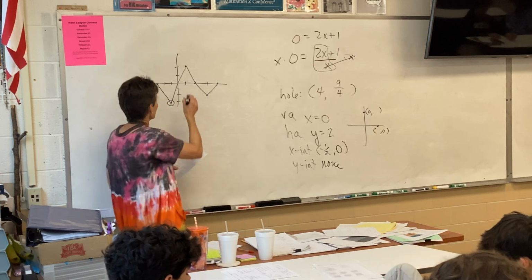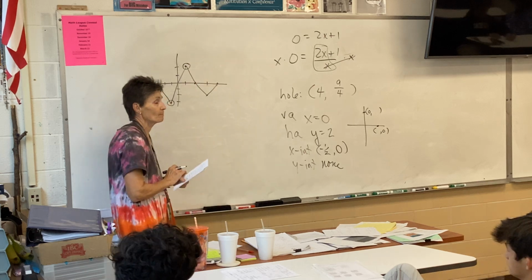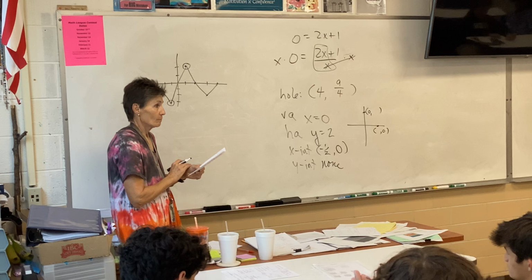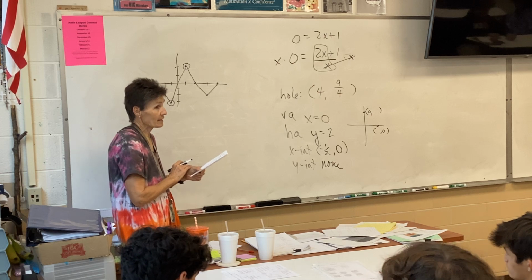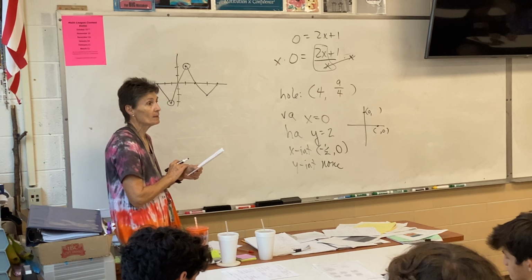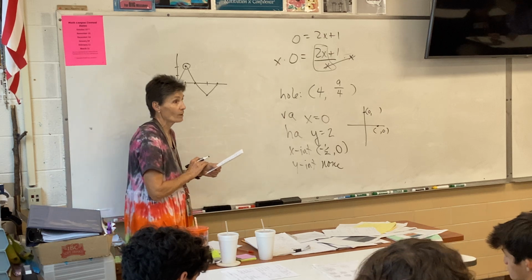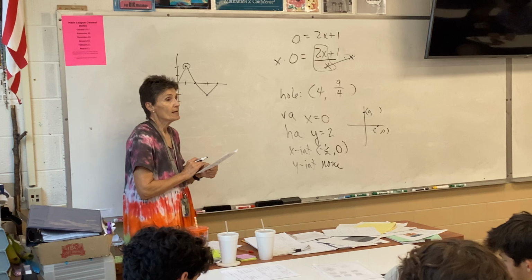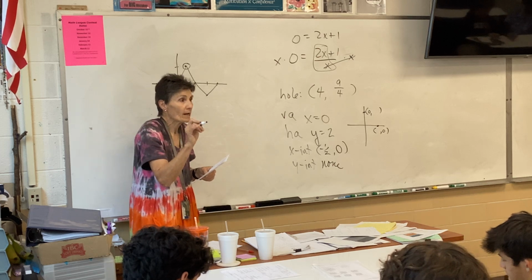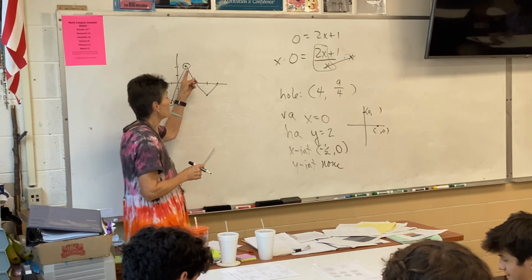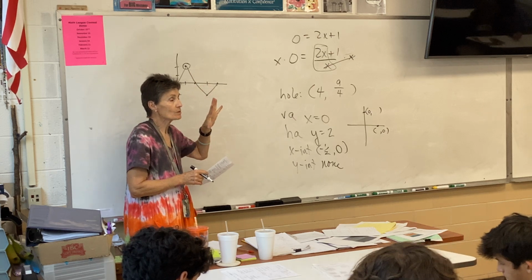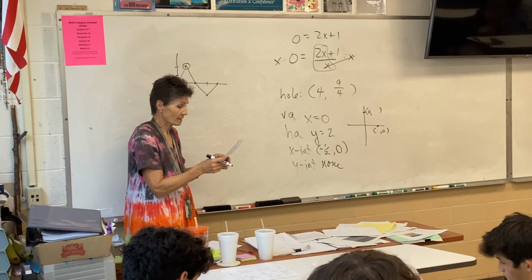What about where x is 1? It's a relative max. Relative and absolute. That's an absolute maximum, because it's the highest point on the graph. There's no arrows. If there were arrows, that would be just a relative max. But there's no arrows, so that is an absolute maximum.